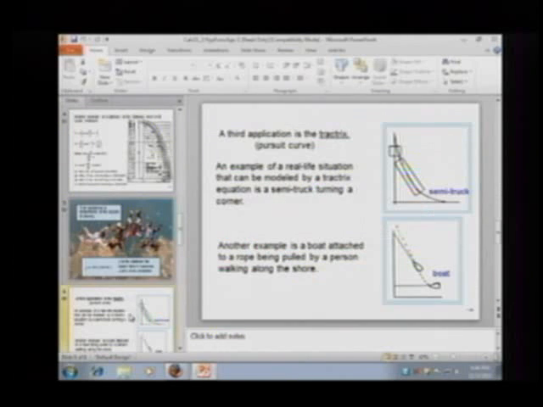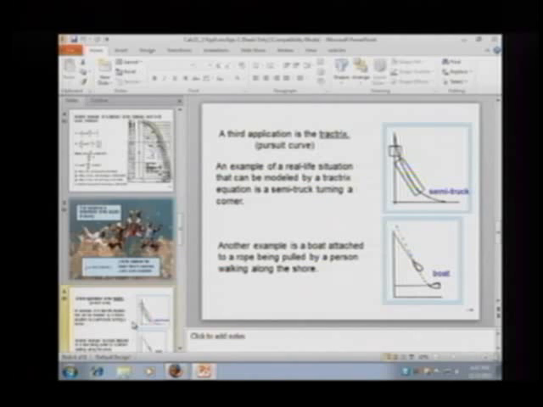Okay, the other one that's kind of interesting is it takes hyperbolic functions to model the path called a tractrix. When you have a semi-truck turning like that, and you want to follow the path of the rear wheels, the path it's following has to be modeled by a hyperbolic function.